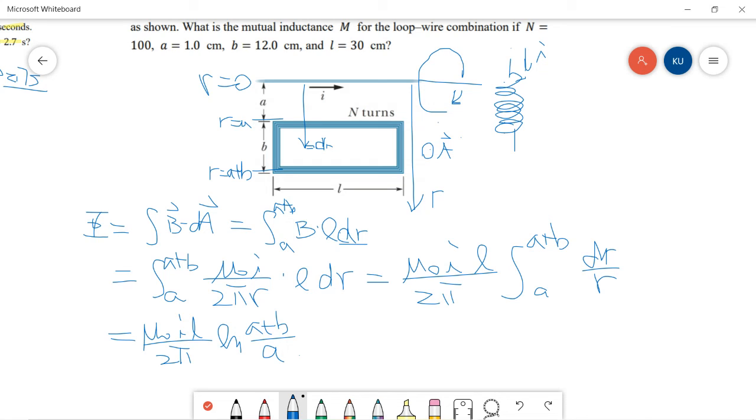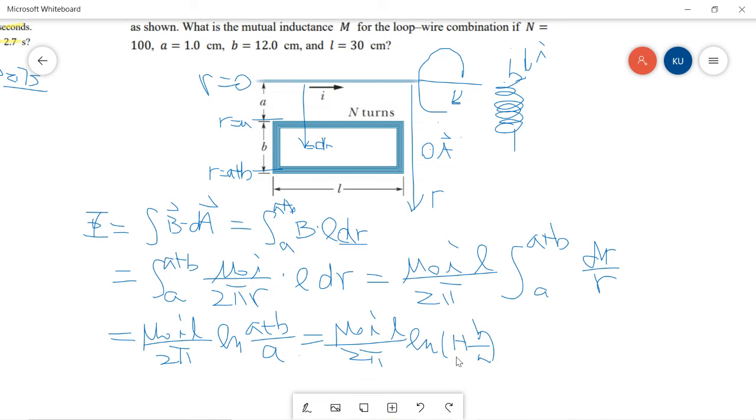Finally we will have phi equals mu 0 I L over 2 pi ln of 1 plus b over a.